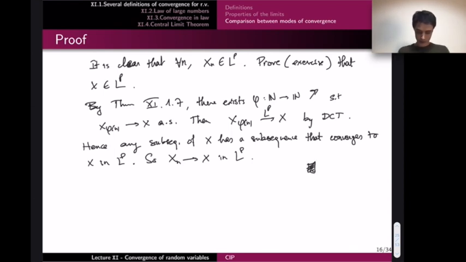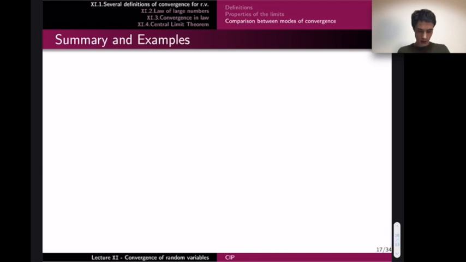Let me draw a picture now about all these kinds of convergences. Let's say I have convergence in probability here.